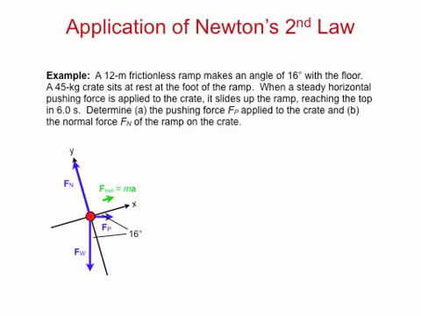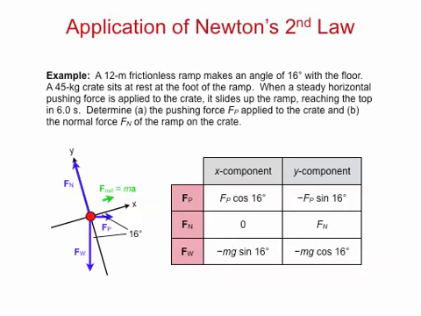Simple geometry tells us that F_p makes a 16-degree angle with the positive x-axis, and that F_w makes an angle of 16 degrees with the negative y-axis. We're now ready to resolve all of the force vectors into x and y components.